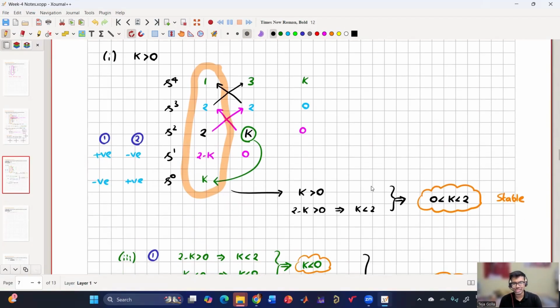Say from 0 to 2 the system is stable. I can't risk taking K close to 0 or 2, so I'll take a more conservative value close to 1 at the center, so the system stays stable even if there is slight variation. In this way we can judge the stability of the system.